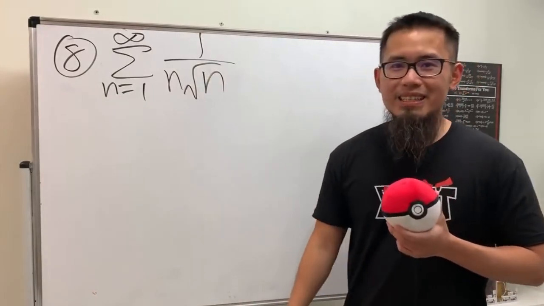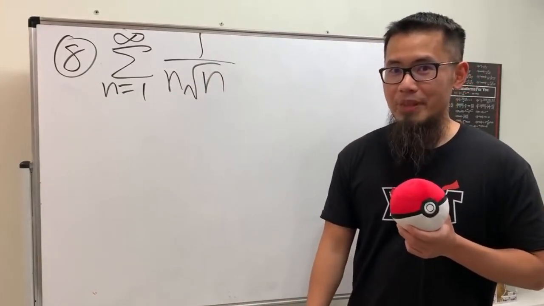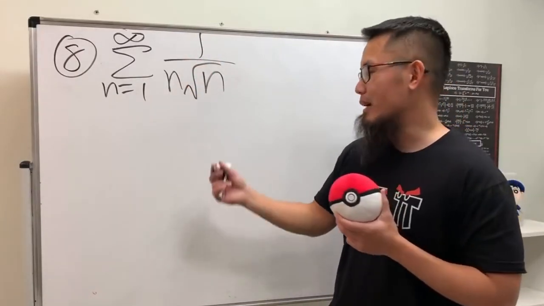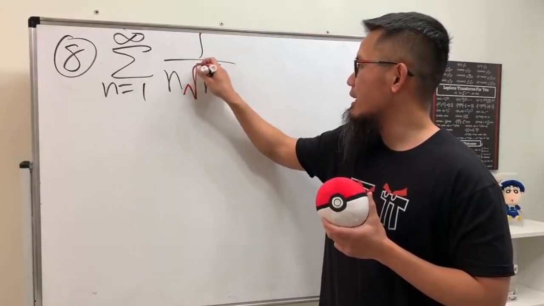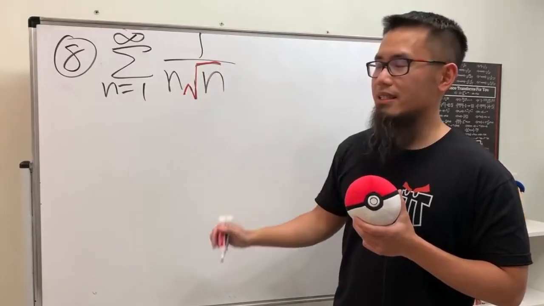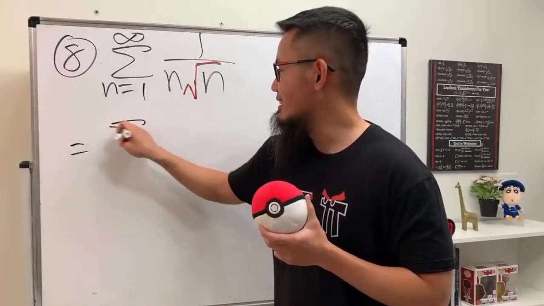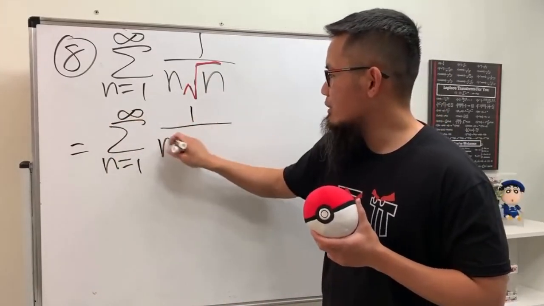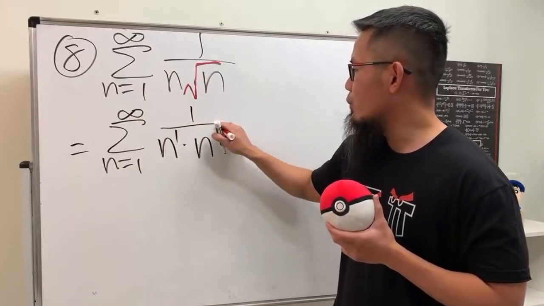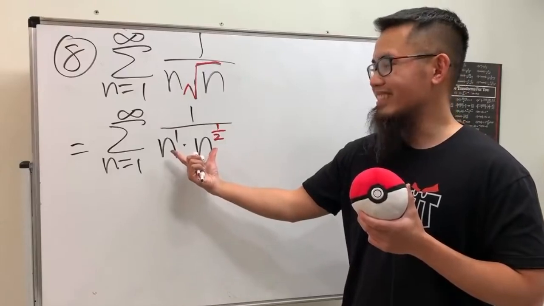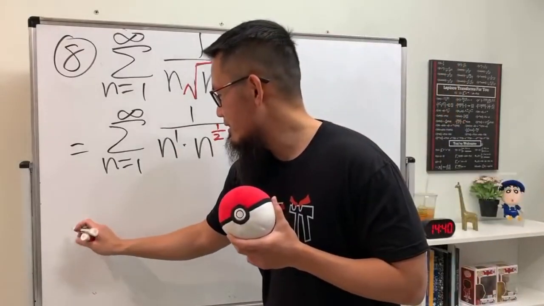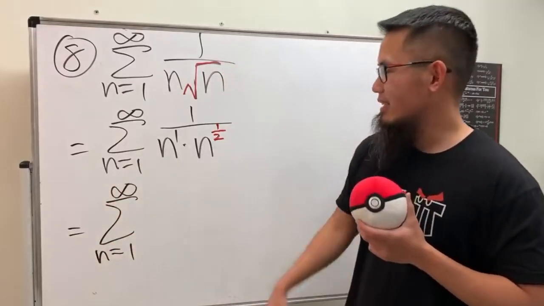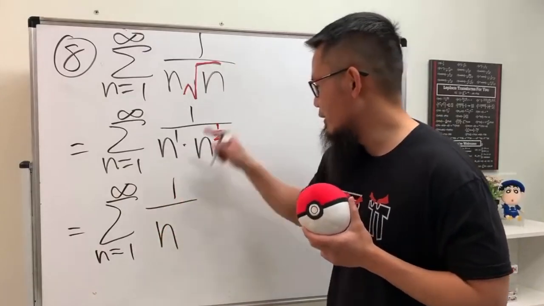Converge or diverge? Well, don't look at 1 over n, don't look at 1 over square root of n. This is not so bad at all because they are multiplying, right? So this right here is the same as the sum as n goes from 1 to infinity of 1 over n to the first power times n to the 1/2 power. Of course, we can just add the powers together. Therefore, this is just the sum as n goes from 1 to infinity of 1 over n to the 3/2 power.